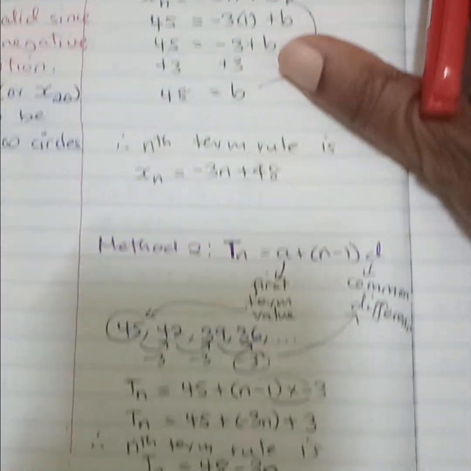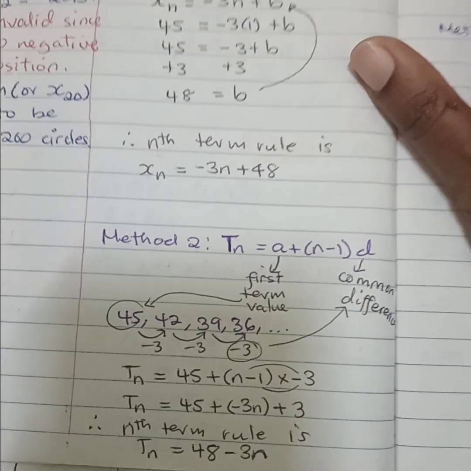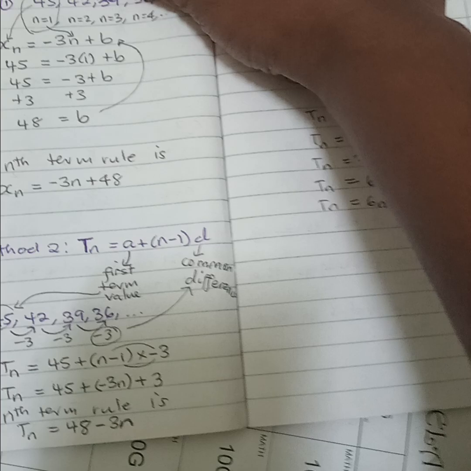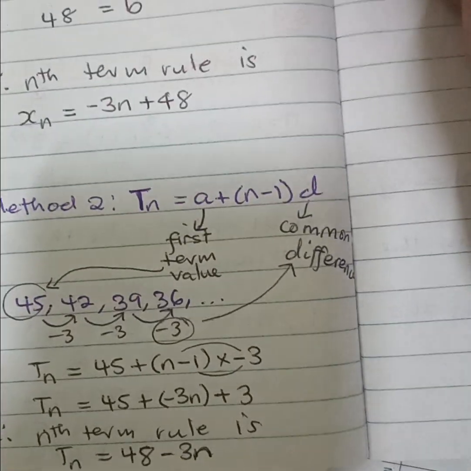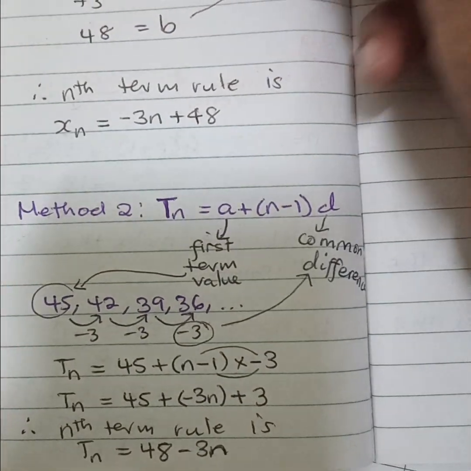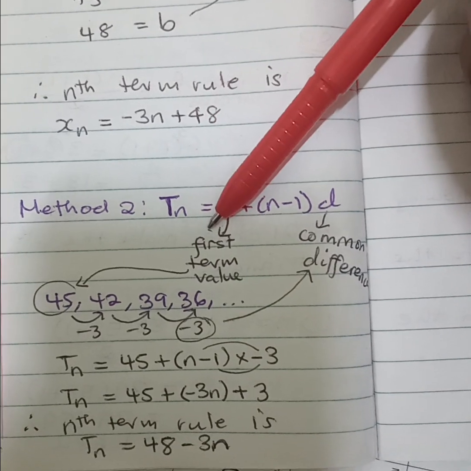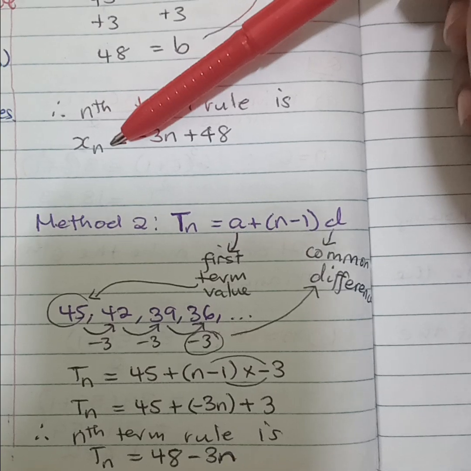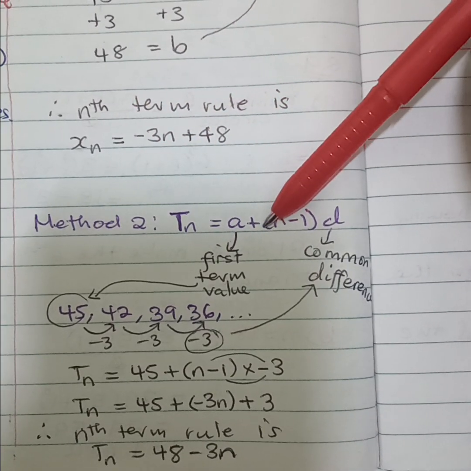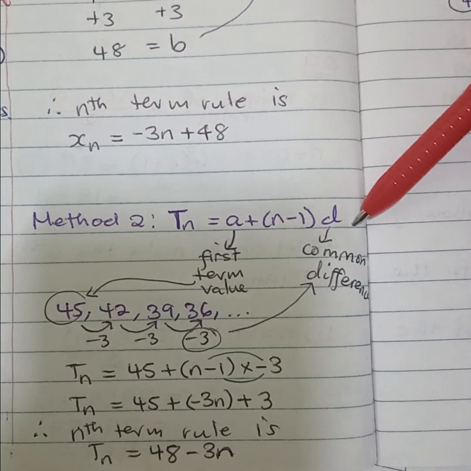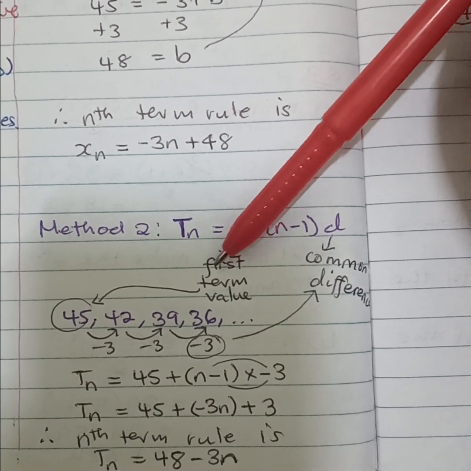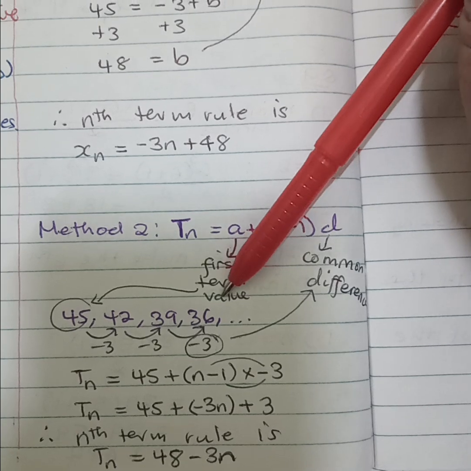Let's look at the second method. The other method is slightly the same, but it comes in this format. Tn, which is the nth term, is the same as the xn. Tn is equal to a plus n minus 1 times d. So what is this a? This a is the first term in the sequence.